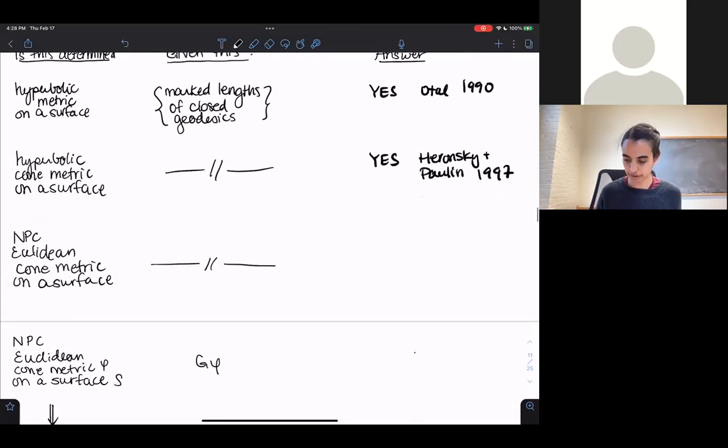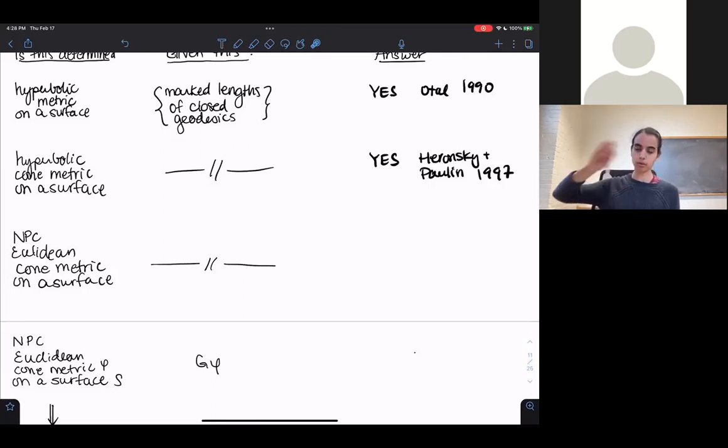Now, how about if you have a non-positively curved Euclidean cone metric? So that means it's a surface where most of the points have a neighborhood that's Euclidean, but then there are cone points and it's non-positive curvature around those cone points.